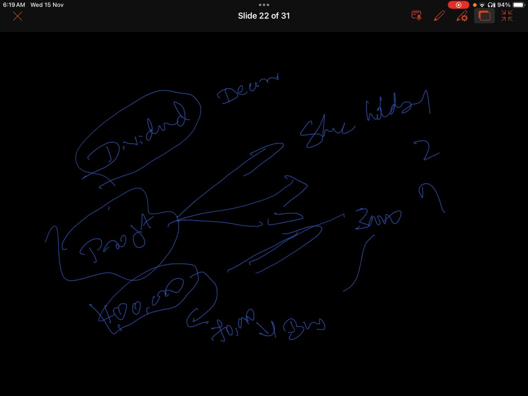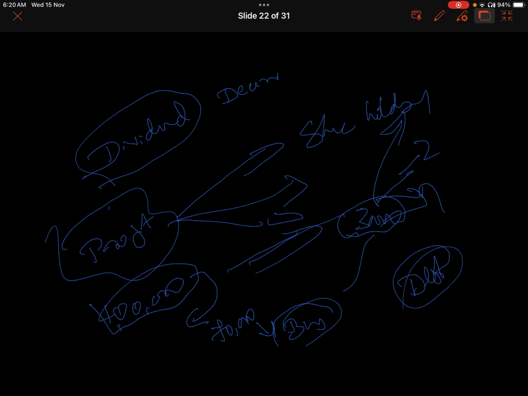So how much should be kept within the business, and how much should be declared and sent to shareholders? This is a key decision for any business, because if you pay more dividend, then the company may have to take on some debt to meet other obligations. Otherwise, if they reduce the dividend, the company will get some funds in hand, which can be used for business growth. So dividend decision is one of the important decisions within the finance area.